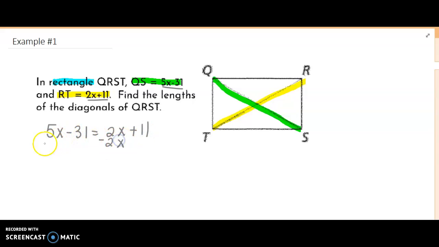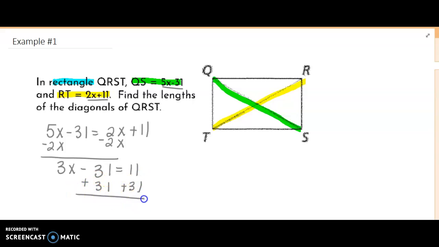So now we've taken a geometry problem and turned it into an algebra problem, so let's solve it. Subtract 2x on both sides, I get 3x minus 31 equals 11. Plus 31, plus 31. I have 3x equals 42. Divide by 3, I get x equals 14.